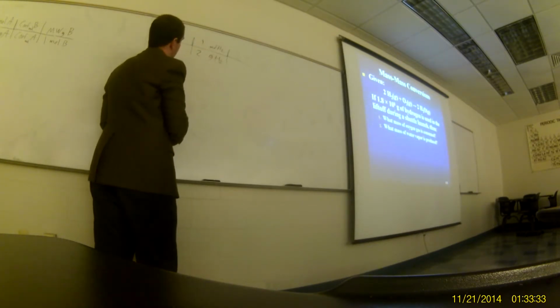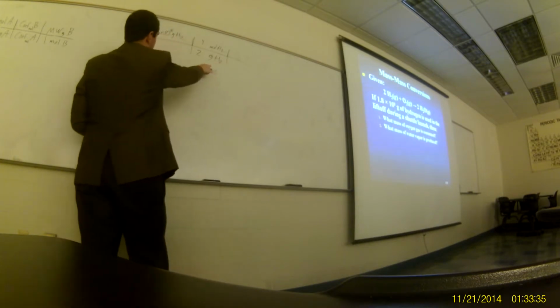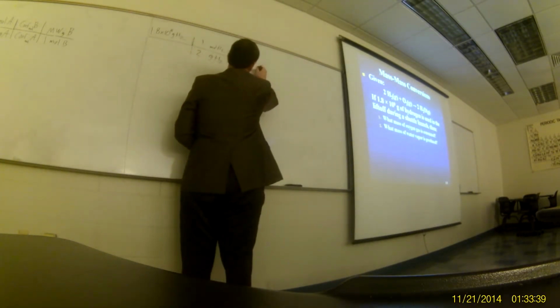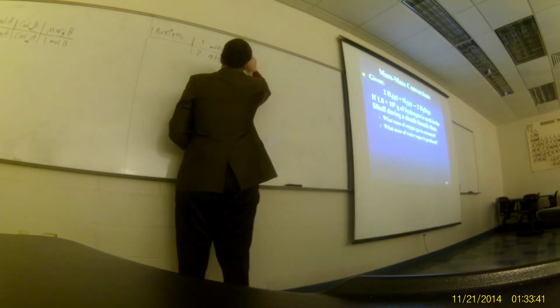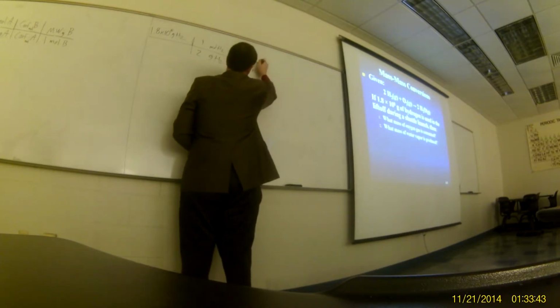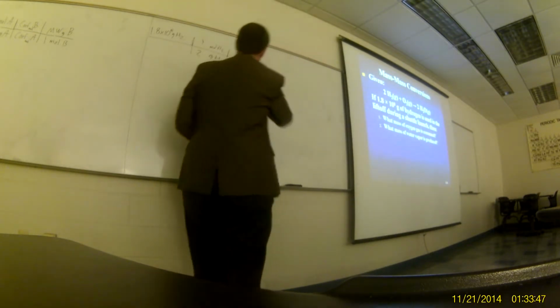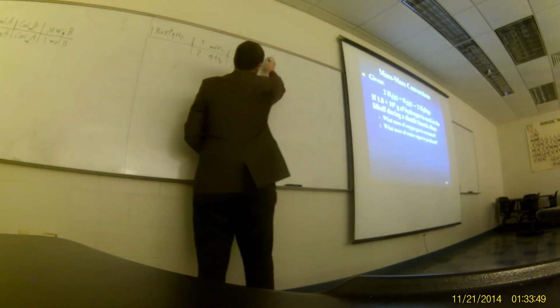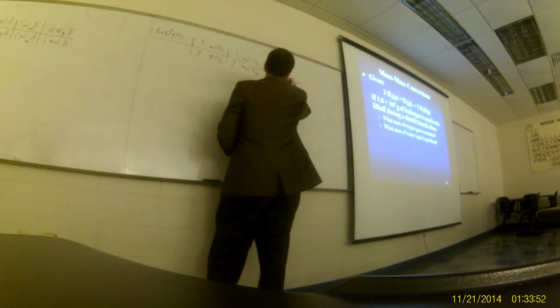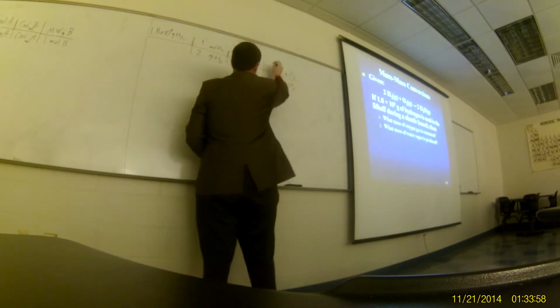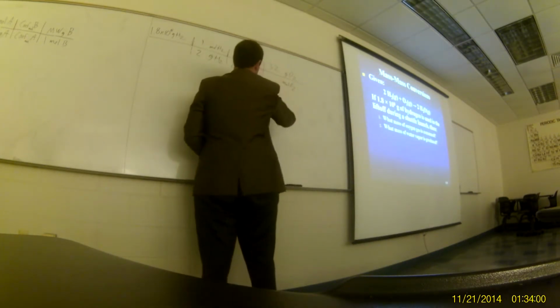Hydrogen is essentially 1. There's 2 of them, so it's 2. Now we've got moles of hydrogen, the moles of oxygen. Oxygen is a 1. Hydrogen is a 2. Moles of oxygen, grams of oxygen. What number goes here? 32. 32 and 1 mole.